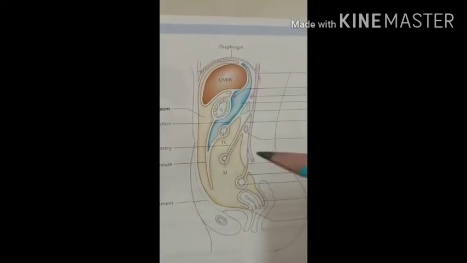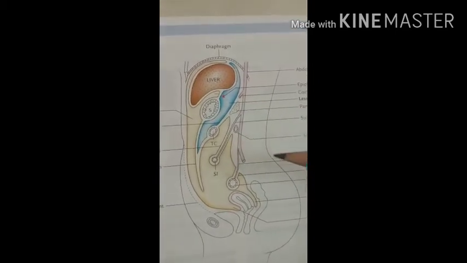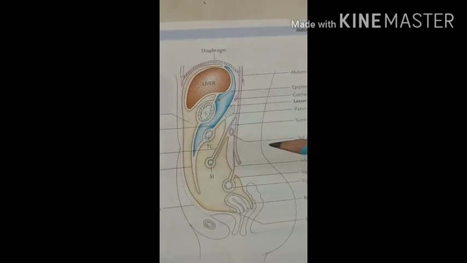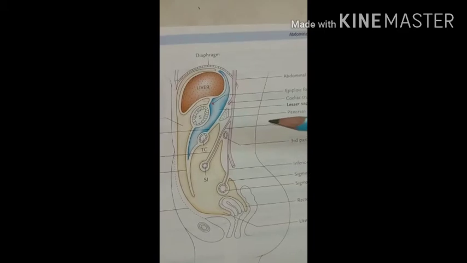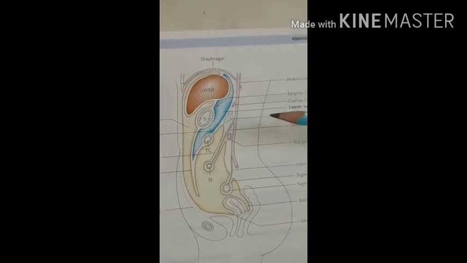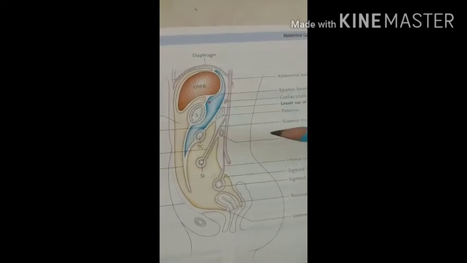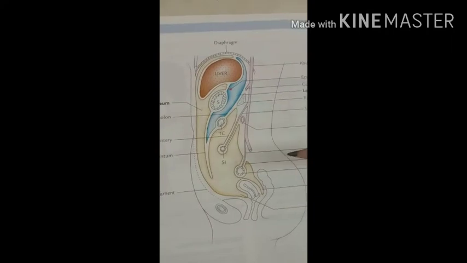After this, the innermost layer is the mucosa. The mucosa is made up of three layers. The innermost layer is the mucous membrane, which is formed by columnar epithelial cells, and its functions are protection, secretion, and absorption.